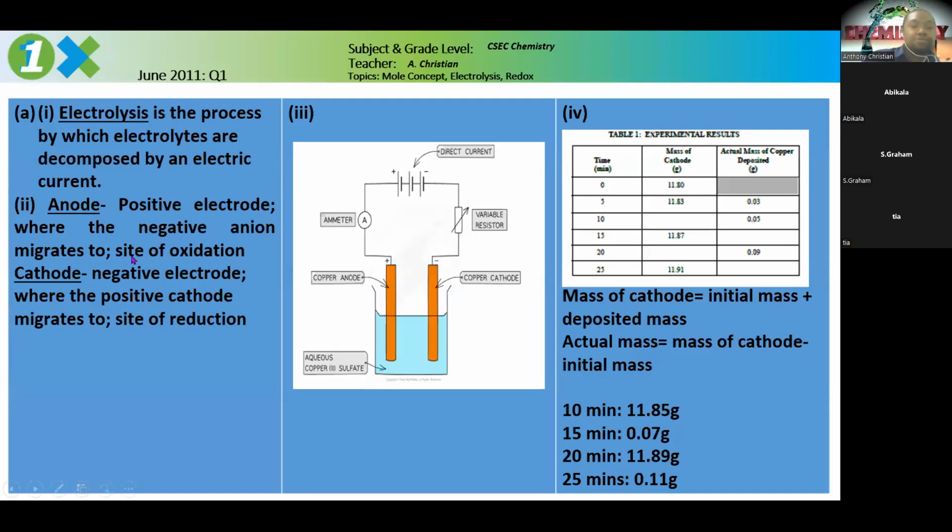Other differences include negative ions will migrate towards the anode and it is a site of oxidation. Cathode is, however, negatively charged, and this is where positive ions, cations, will migrate, and it is a site of reduction. Everybody good with that so far? Yes, sir. Let me change this to cation so that nobody writes a screenshot incorrectly.